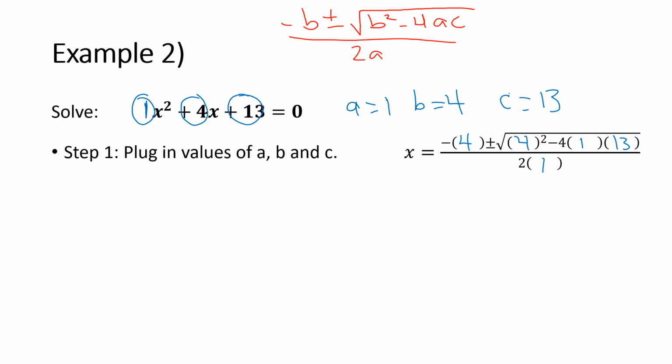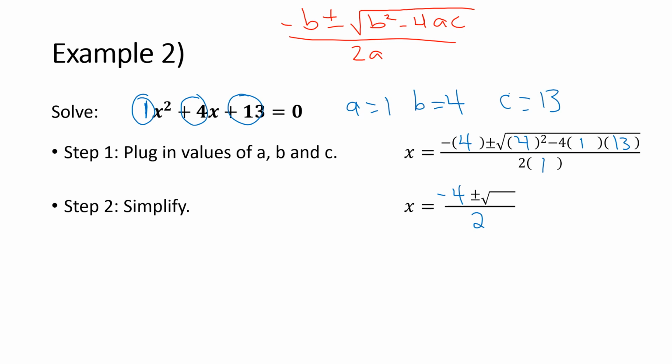Now that we have all the numbers plugged in, we will begin using our calculator to simplify. So here we're just going to bring stuff down. The beginning says -4, so I'm just going to bring down the -4. On the bottom we have 2 times 1, which is just 2.